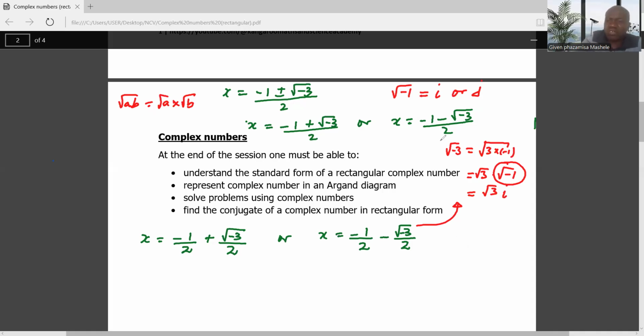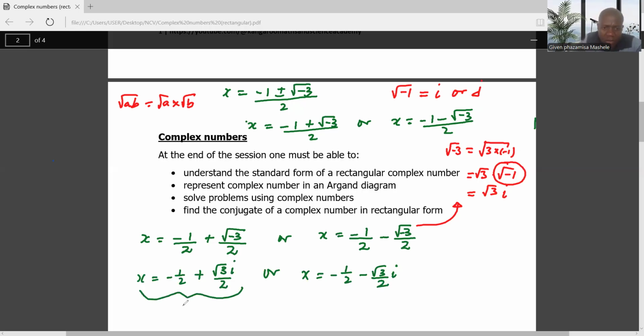Then to simplify, we have x equals -1/2 plus the root of 3 multiplied by i divided by 2, or x equals -1/2 minus the root of 3 over 2 times i. Now this is called a complex number.